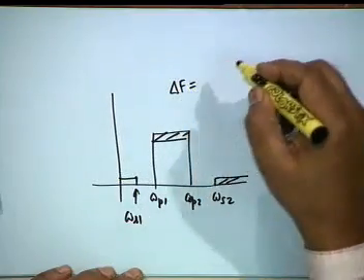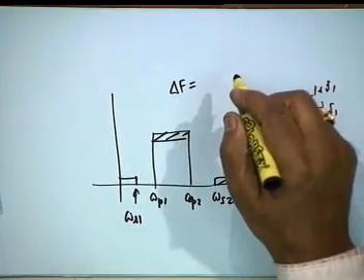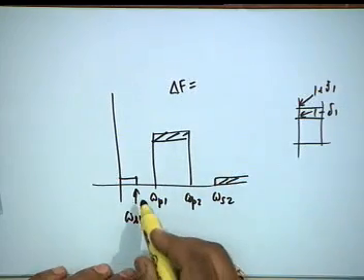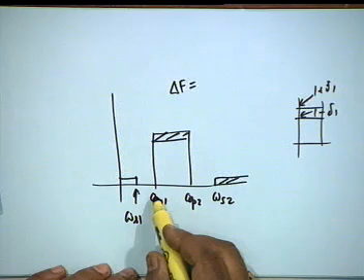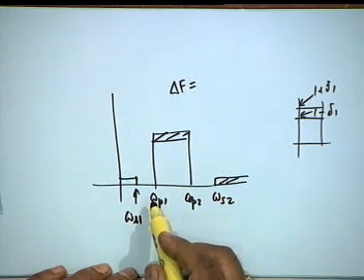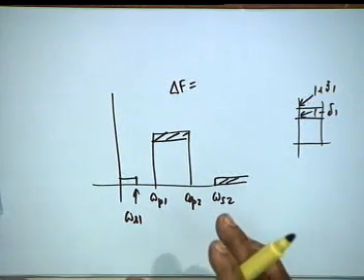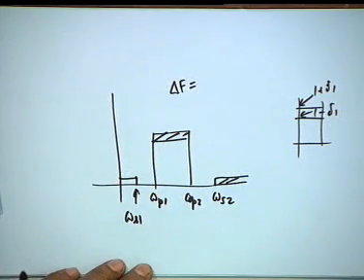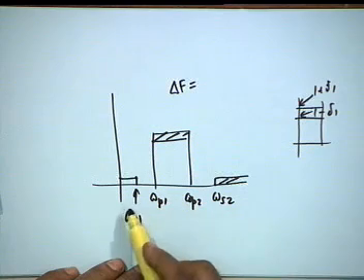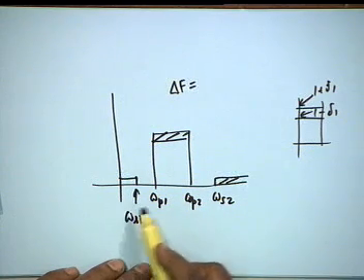Is this caution registered with you? In the case of a band pass filter, delta f is the transition bandwidth. Now there are 2 transitions here. So you have to adjust the 2 transitions to be equal by adjusting either omega s1 or omega s2.